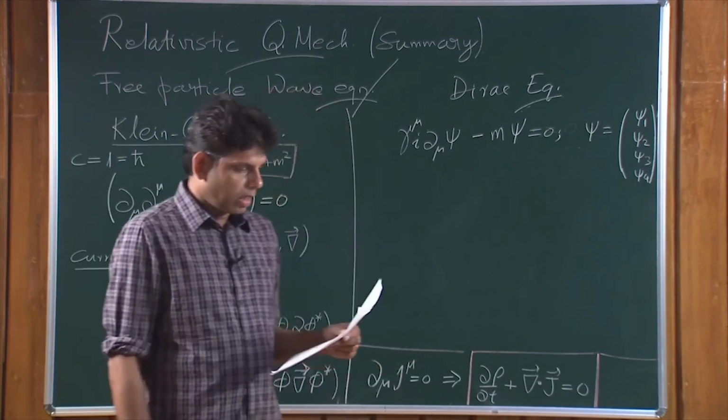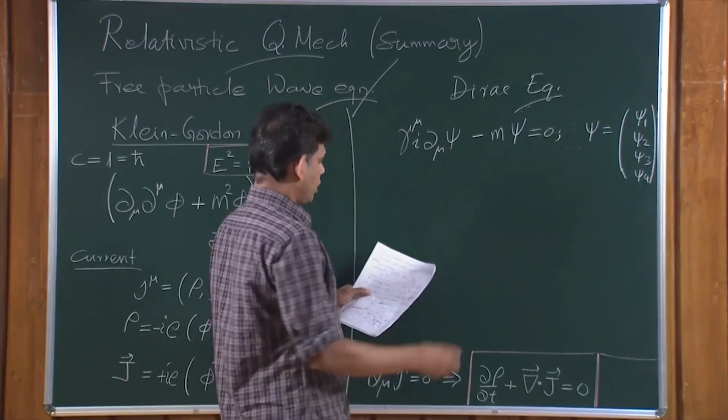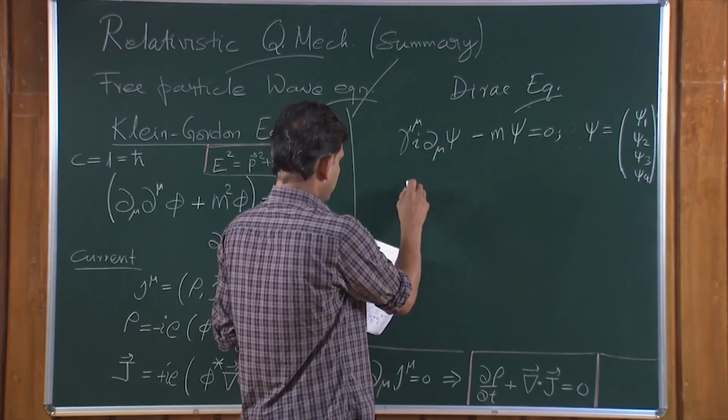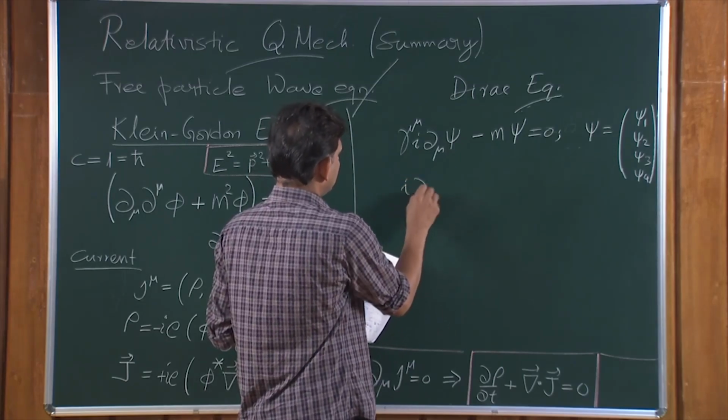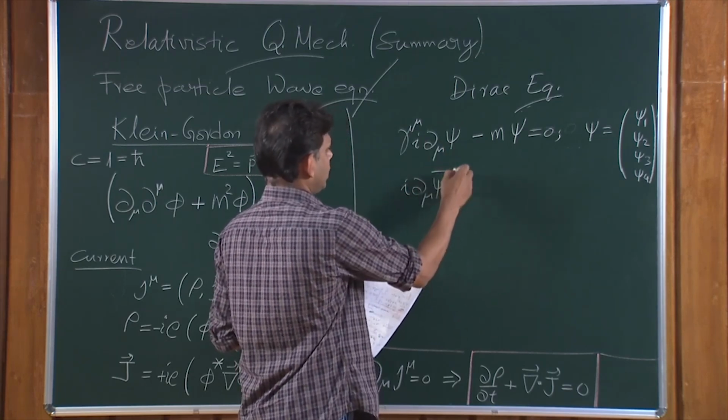One more thing that we have to understand is the Hermitian conjugate form of this equation, which is written in this form, i dou mu complex Hermitian conjugate.